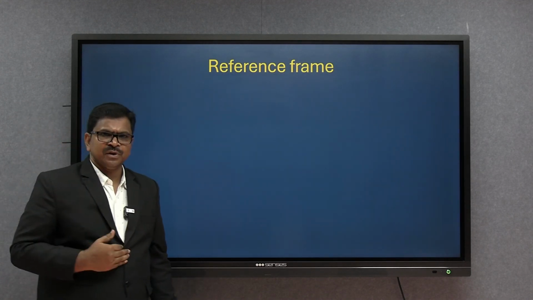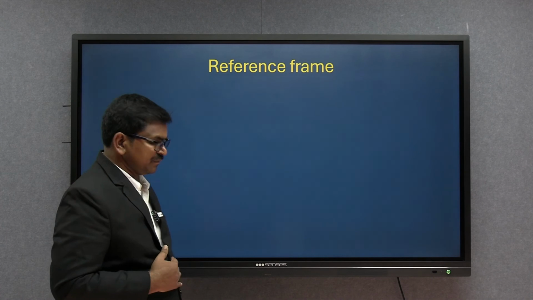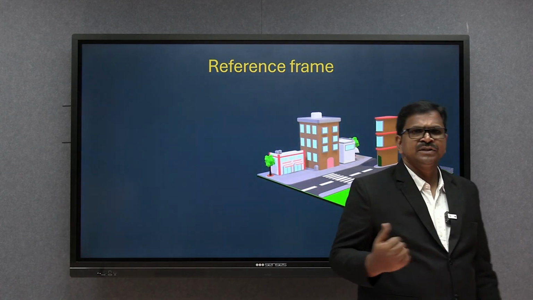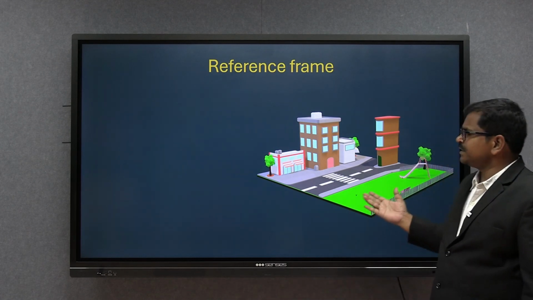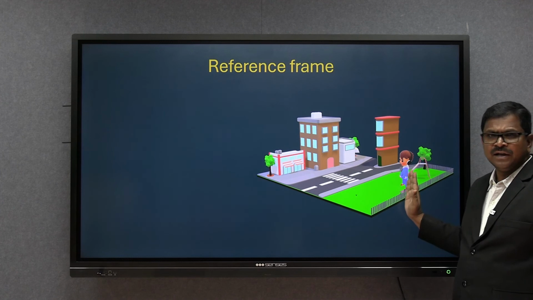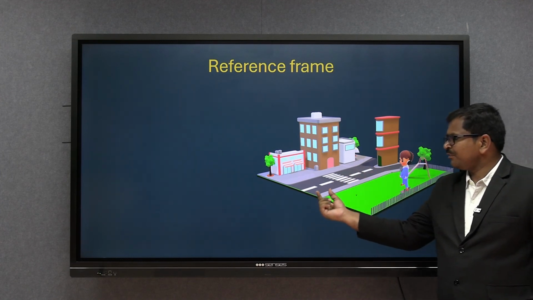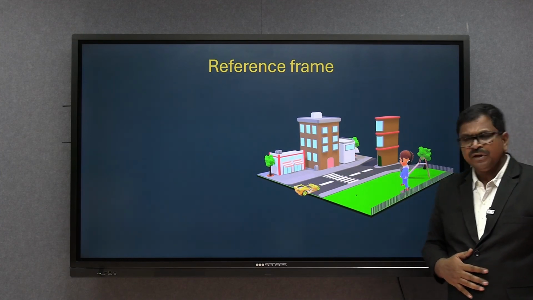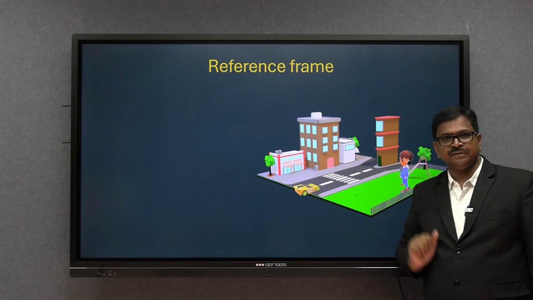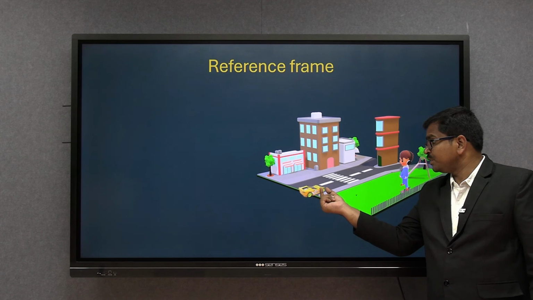The last topic of today's session is reference frame. What is a reference frame? To understand this in a better way, let us take a situation. Suppose this is a guest house and you are enjoying your music here. Let us consider our object of interest here, a Ferrari car. While enjoying, you are observing this object and it starts moving slowly.